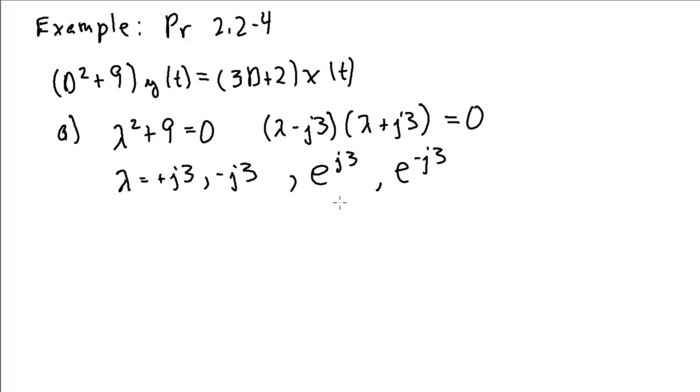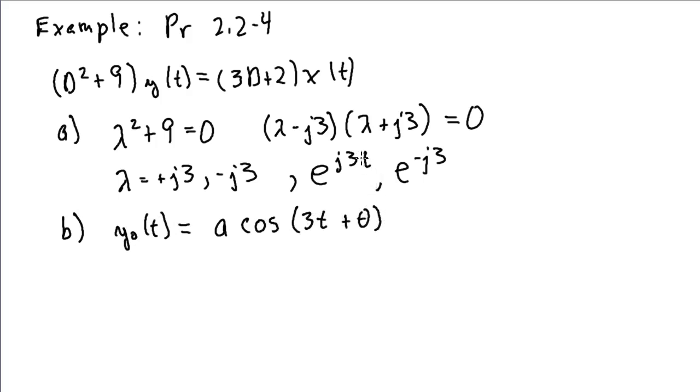Again, I prefer to use the shortcut method, where we actually write the zero input solution as a cosine of, in this case, 3t plus theta. I made a mistake on my modes. I left out the t on both of them.